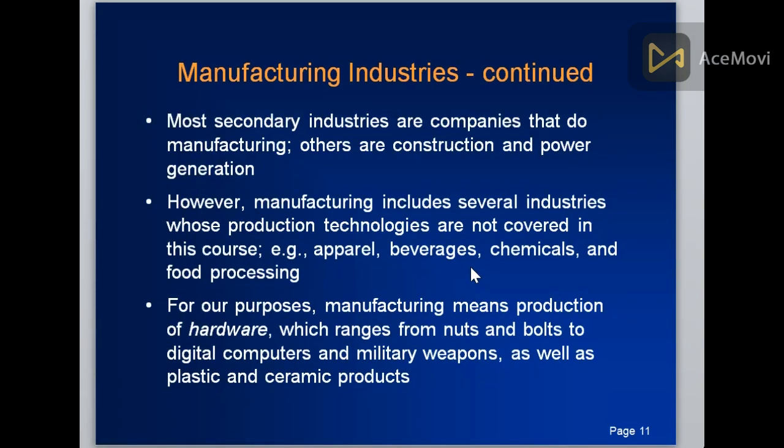Most secondary industries are companies that do manufacturing; others are construction and power generation. Manufacturing includes beverages, chemicals, and food processing, but these technologies are not covered here. For our purposes, manufacturing means production of hardware, the things used in industries, military weapons, computers, bolts, nuts, etc., and also includes plastic and ceramic products.